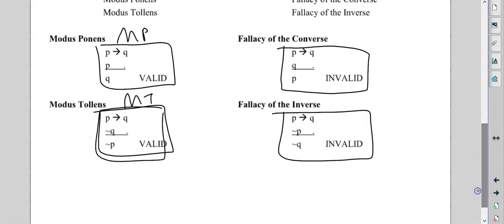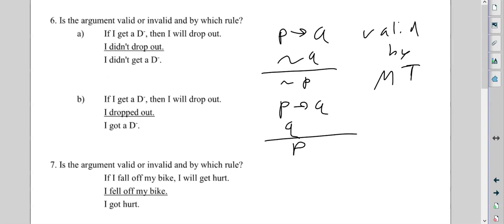PQ, QP. That is invalid by the converse. Okay? So invalid. Fallacy of converse. And if you want to abbreviate, FOC, fallacy of converse, fine with that. Instead of writing all those words.